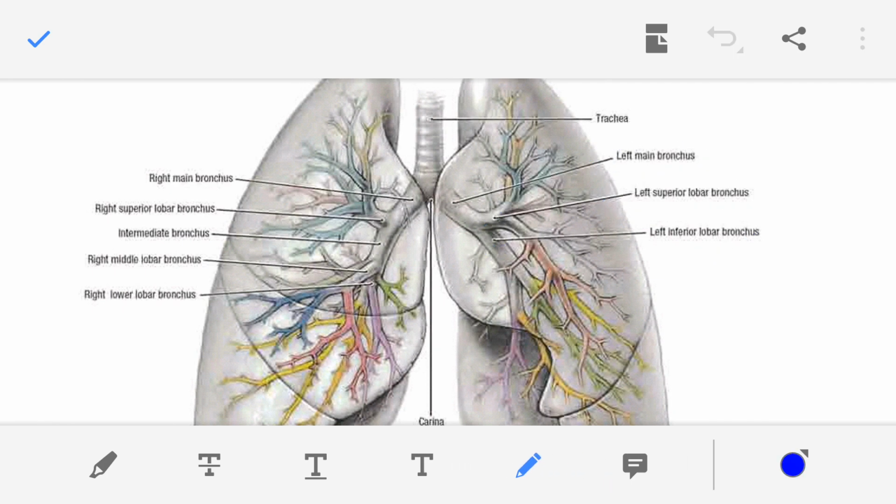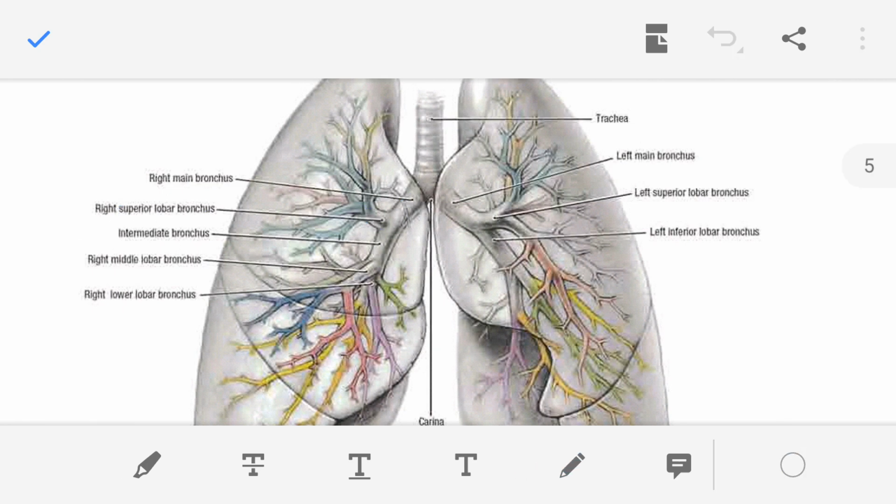Then over here, this one is the right main bronchus, and from this right main bronchus one branch is going into the right upper lobe. As you can see, this branch is known as the right superior lobar bronchus.